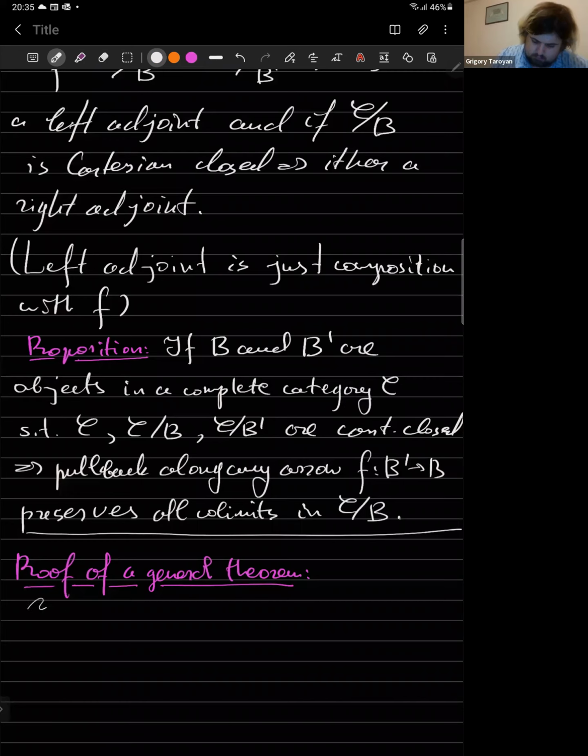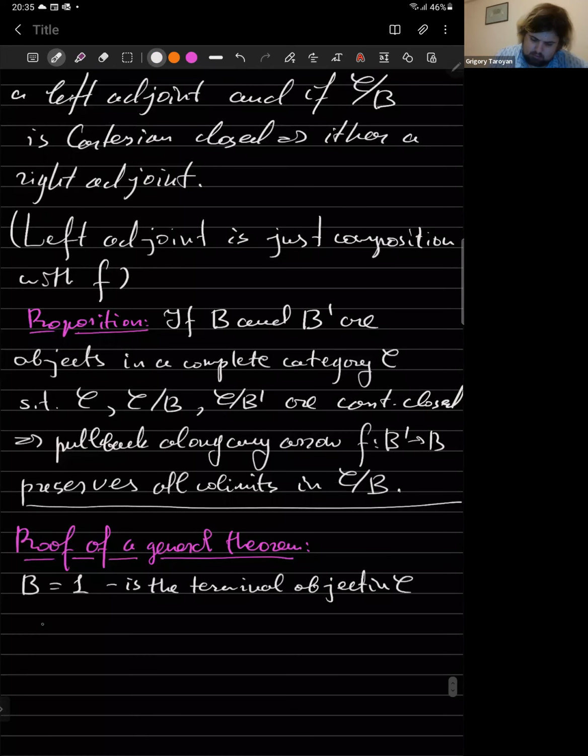So assume that B is equal to the terminal object. So C over 1 is just C itself.